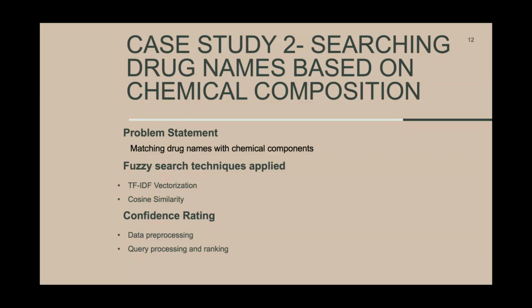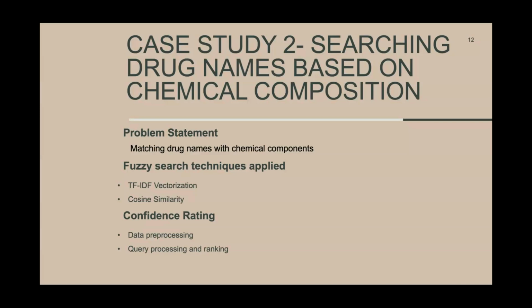We implemented it with scikit-learn to convert the chemical compositions to TF-IDF vectors. And then the same metrics were used for the results. We first used cosine similarity, then ranked the results. And the evaluation metrics were precision, recall, and F1 score. And this also resulted in improved search capability by as much as 40%.